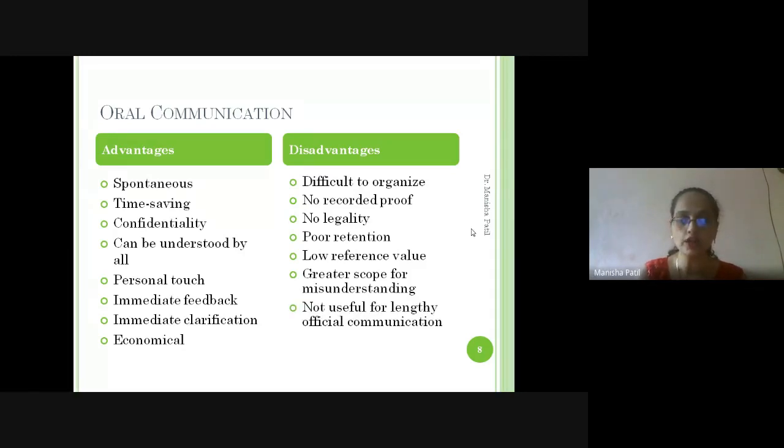Then it is not useful for lengthy official communication. A book can be, say, of 100 pages. You are not going to read the 100 pages at one go. Say, to read that particular book of 100 pages, you require 10 hours, for example.